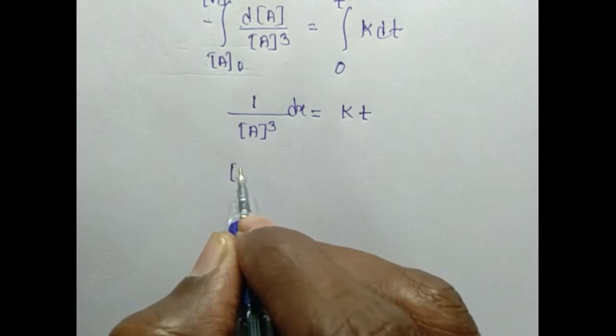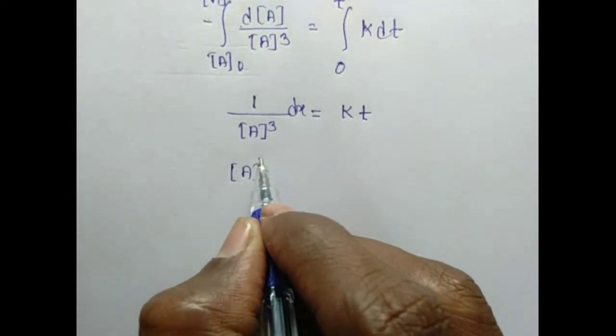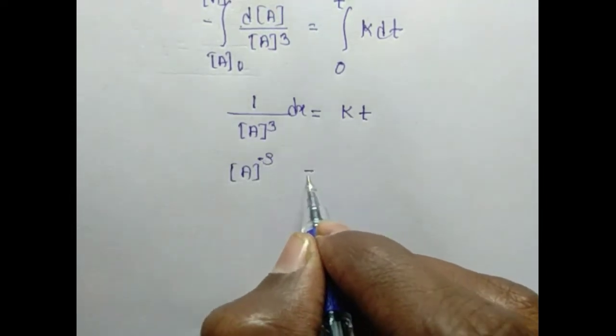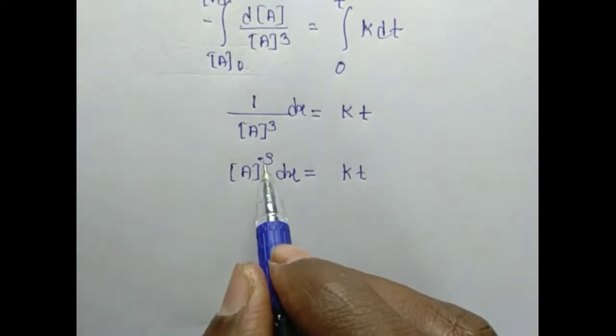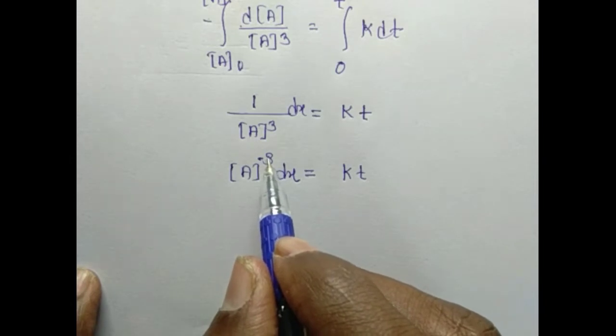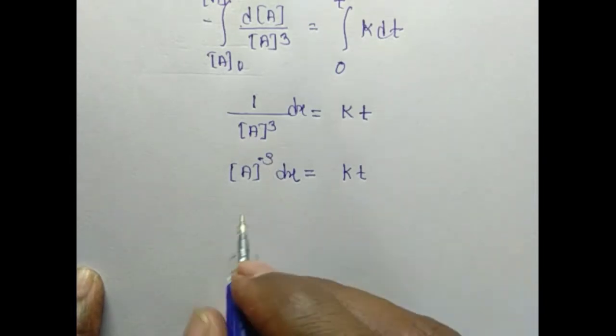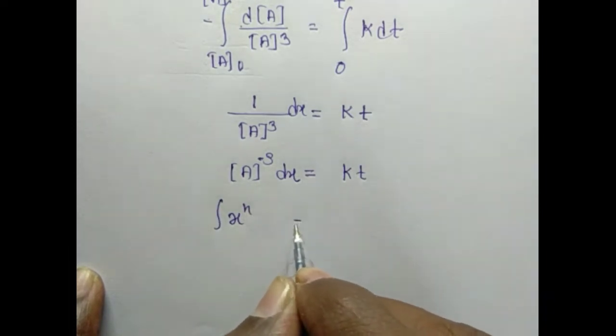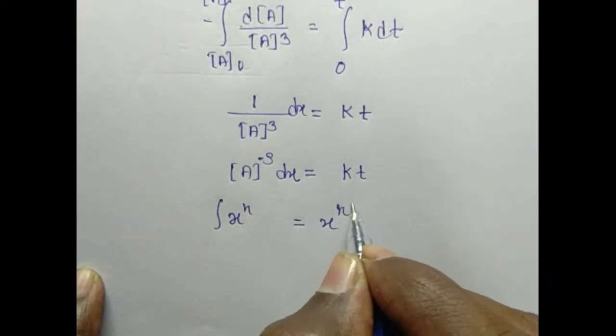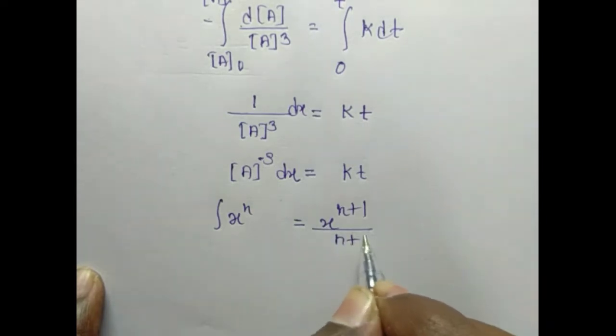We solve this equation further. We write 1 upon A cube as A to the power minus 3, is equal to Kt. The integration of x raised to n is x raised to n plus 1 upon n plus 1.